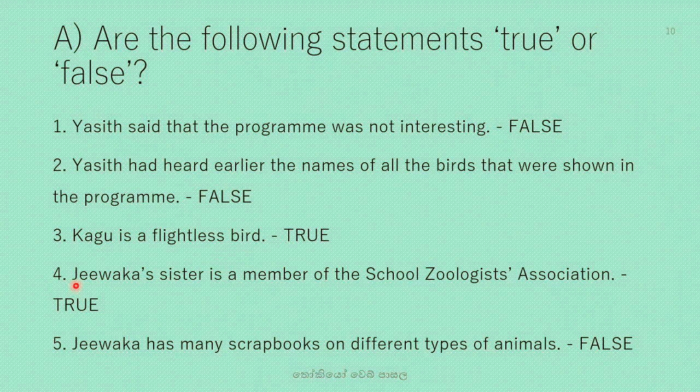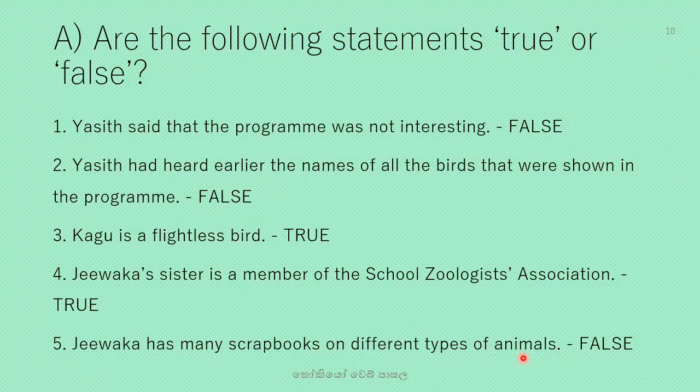Sentence 4. Jivaka's sister is a member of the school zoologists association. Yes, it is true. Jivaka said she is a member of the school zoologists association. Sentence 5. Jivaka has many scrapbooks on different types of animals.